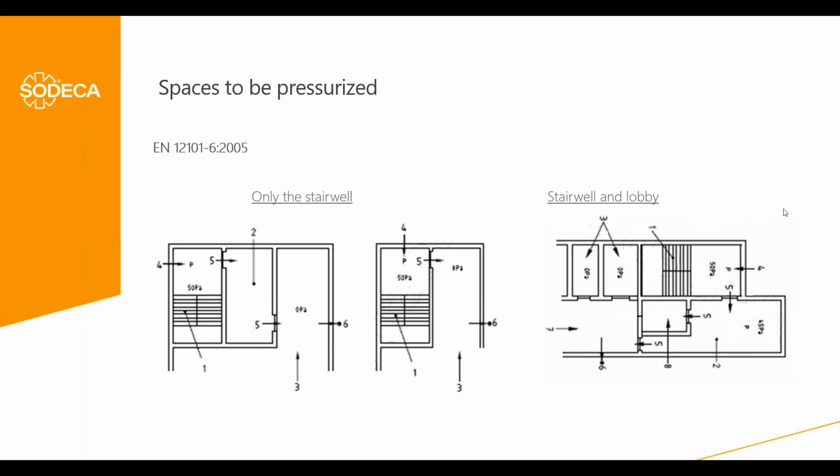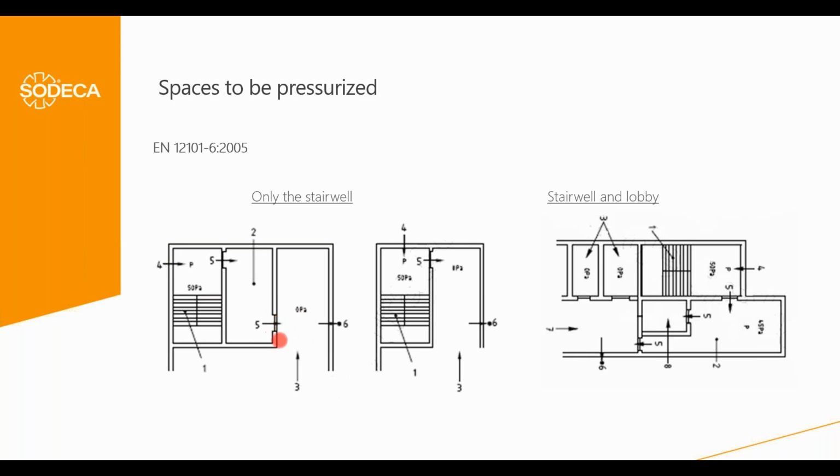The reason is that with this type of lobby, it is indirectly pressurized by the pressurization of the staircase. The leakage through that door leaks into the lobby. So at the end of the day, this lobby is 25 pascals above the level of the floor. It's an intermediate pressurization.